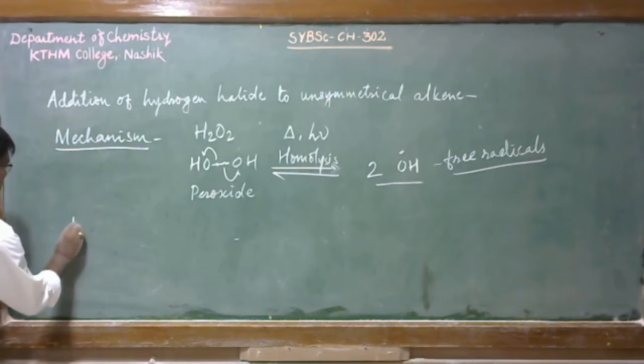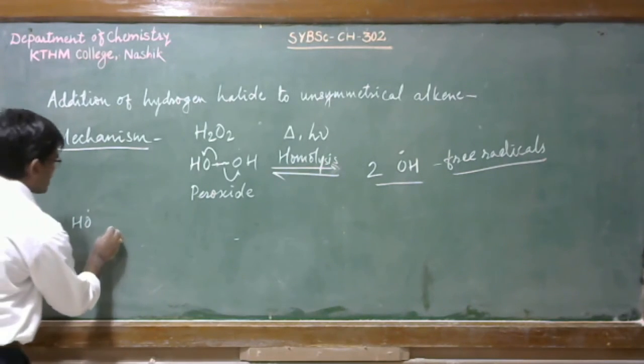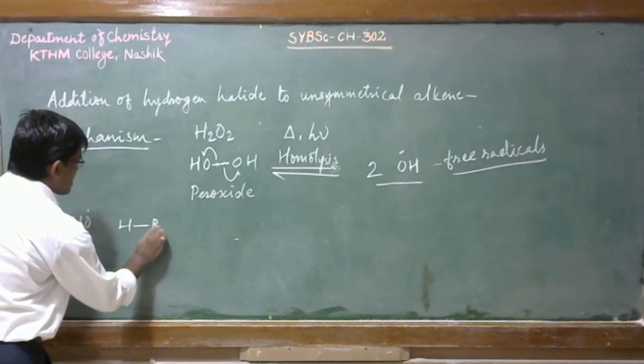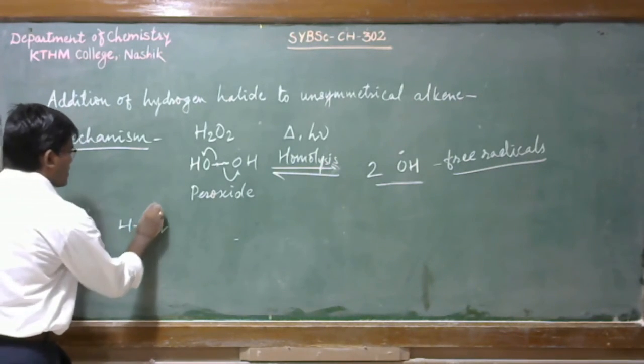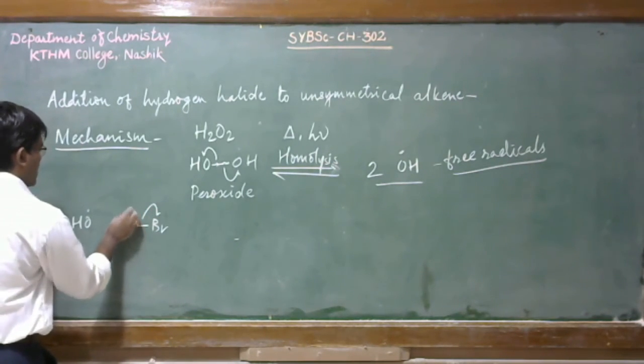In the next step, when this OH free radical adds to HBr, it will generate an H2O molecule plus a Br free radical.